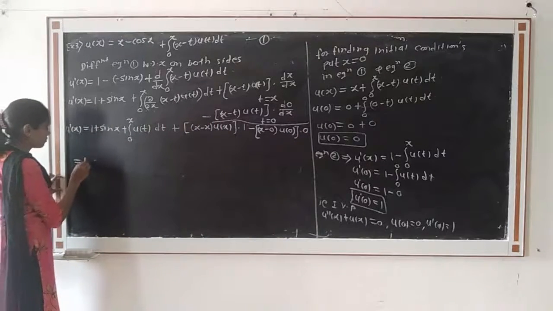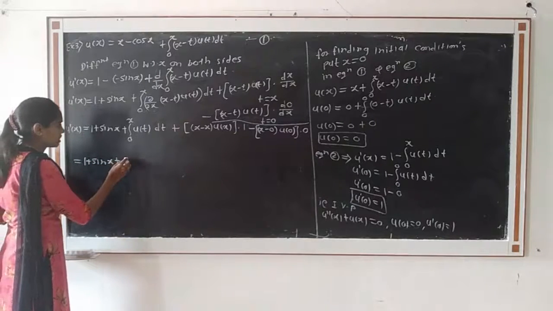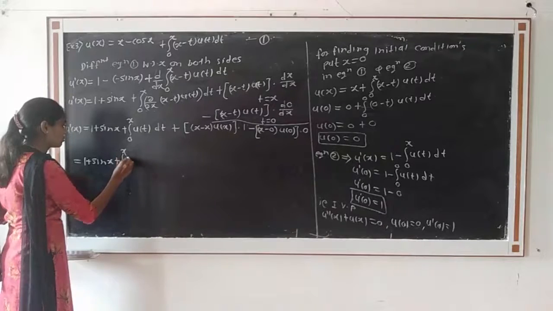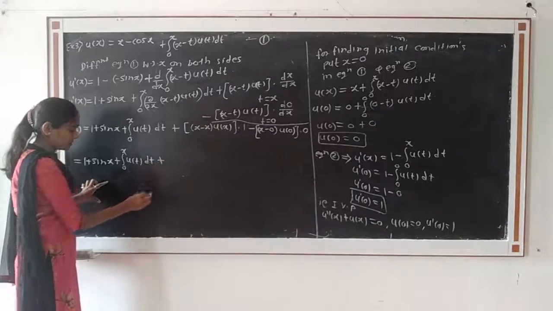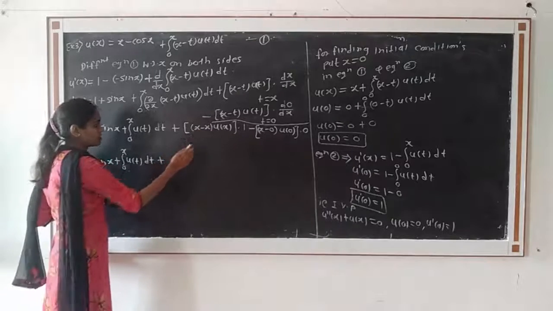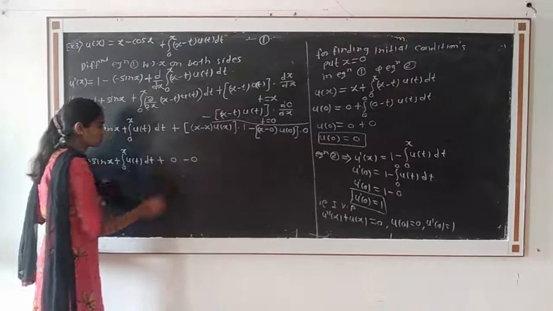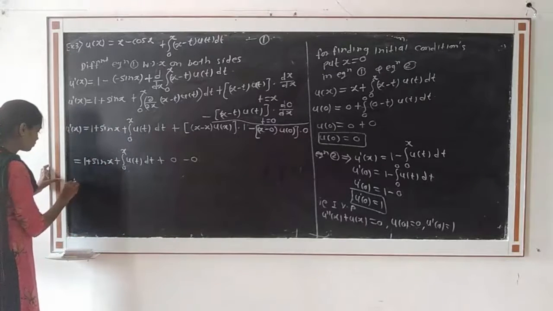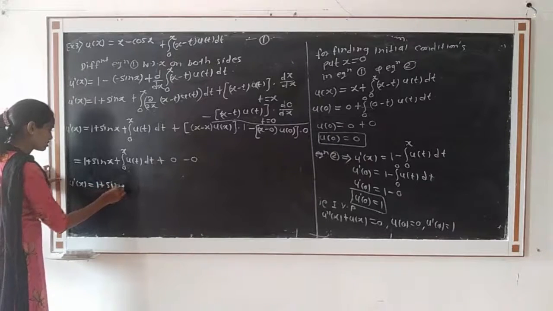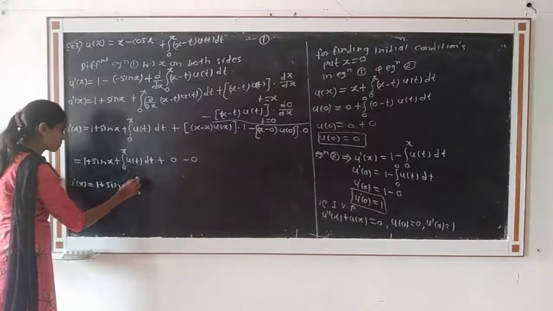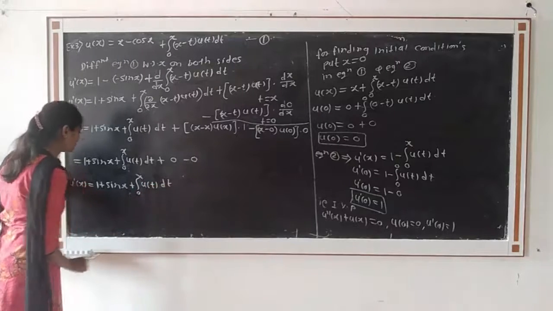That is equal to 1 plus sin x plus integration from 0 to x u of t dt, plus x minus x is 0, therefore this term becomes 0 minus 0. That is, we get u dash of x is equal to 1 plus sin x plus integration from 0 to x u of t dt.